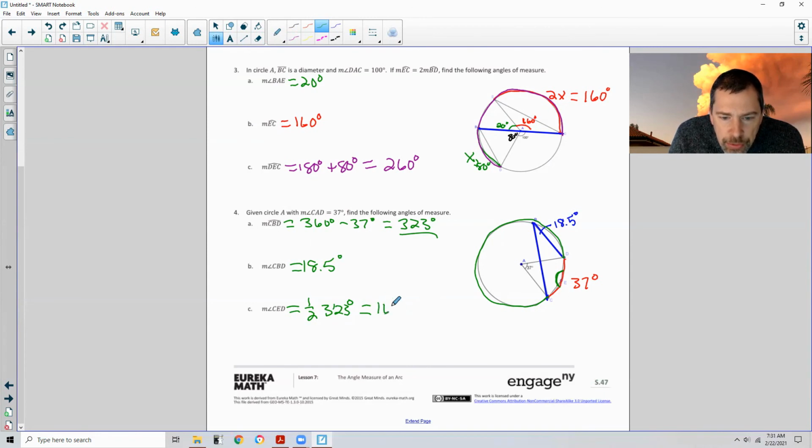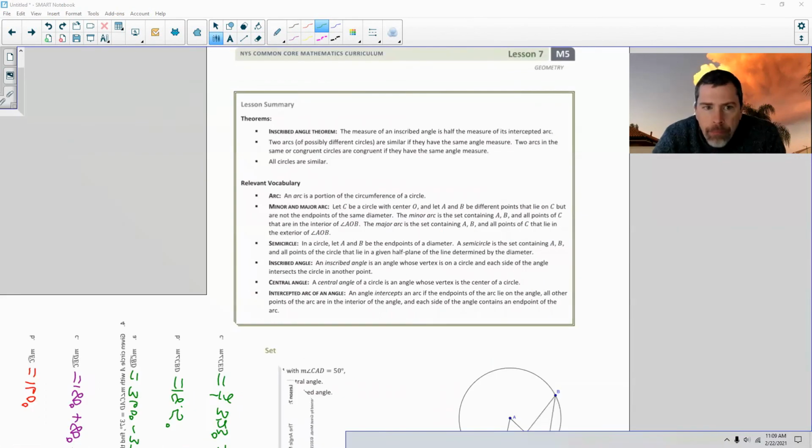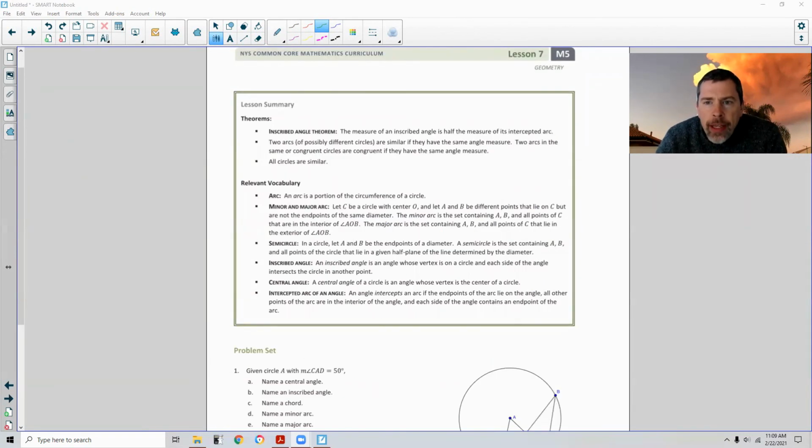And 2 goes into 3 1 time with the remainder of 1. 2 goes into 10 5 times. It's 161.5 degrees. Okay, page 4 brings us to the end of a nice short lesson 7. Review the lesson summary, the theorems and the relevant vocabulary, and go do your problem set.